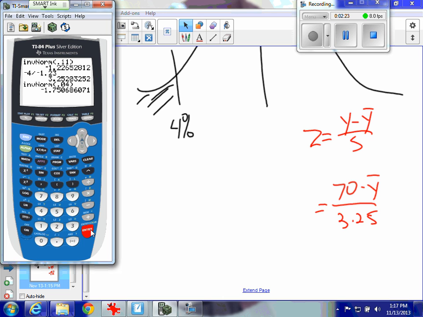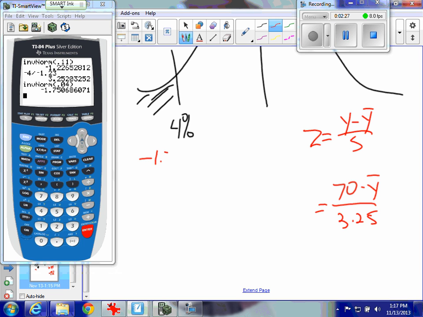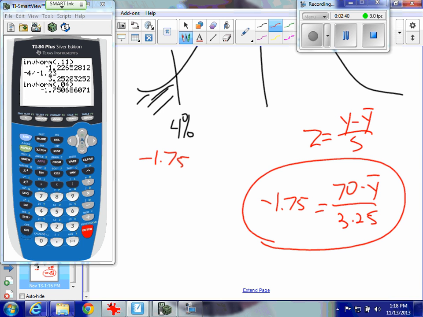I'll press enter. My z-score for that is negative 1.75. So I can just fill that in right over here. And now I have a nice equation that I can use to solve for y bar.